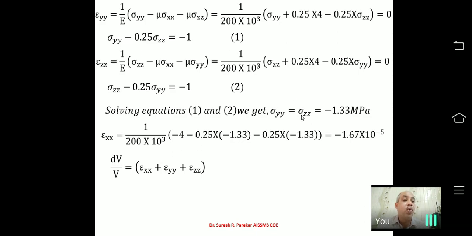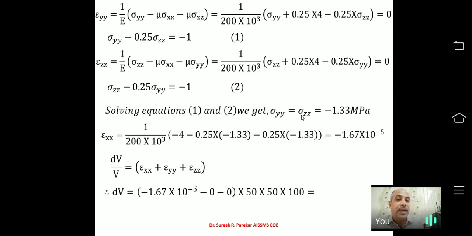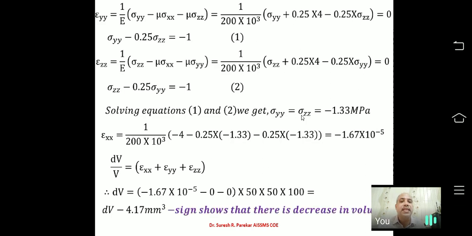So we have allowed deformation only along the length, and from this I will directly get the value of dV, which is minus 4.17 millimeter cube. What does it mean? The minus sign shows that there is a decrease in volume of the member. See, this was asked for 20 marks.